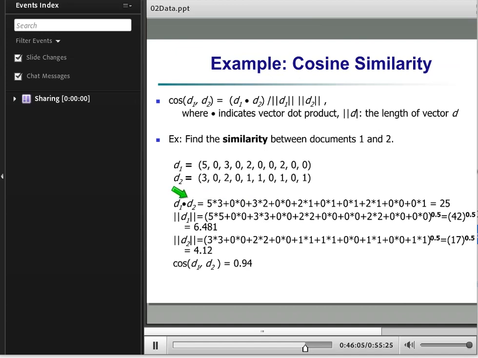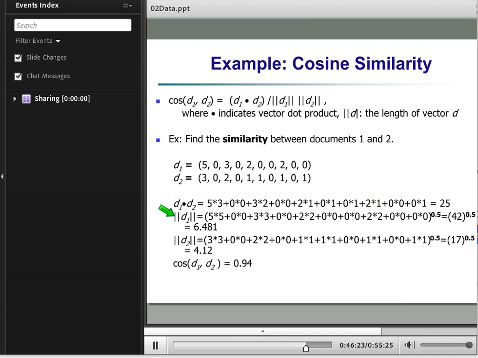In this way, I can calculate the dot product of D1 and D2. The total is 25. The dot product of vector D1 and vector D2 is 25.